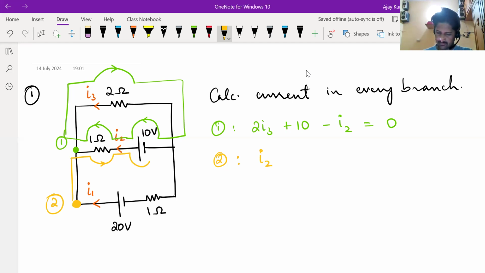Continue moving along that loop. You're going from the positive terminal to the negative terminal of the battery. How do you write the potential change? Going from positive to negative, it will be minus E, so minus 10. Good. Continue moving. The next element you come across is this 1 ohm resistor. In that 1 ohm branch, you know how much current is flowing and which way it is flowing. So tell me, how will you take the potential change?